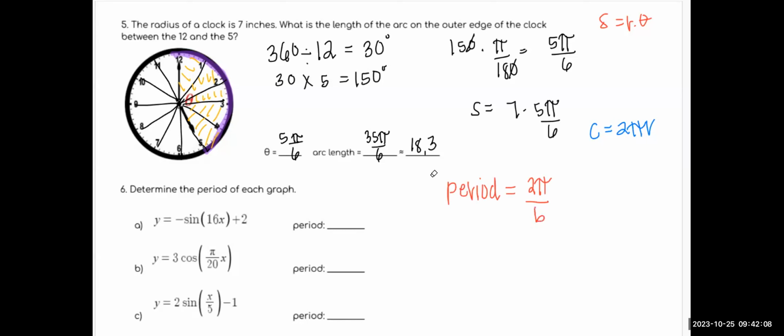We are going to use the 16 to calculate the period. It is pi over 8.